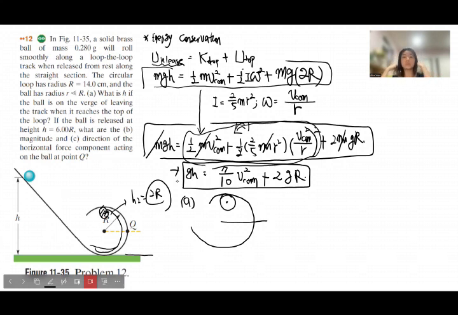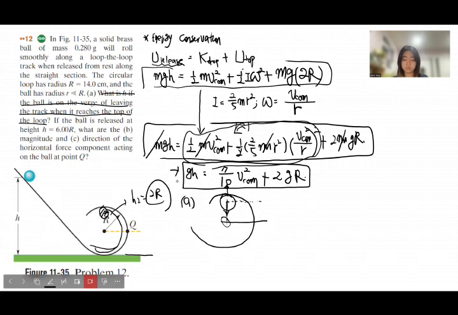Now the ball is on the verge of leaving the track when it reaches the top of the loop. That means the normal force from the track should be zero, so the radial force component outward should be the same as the force downward from gravity. So this is equivalent to the equilibrium position.